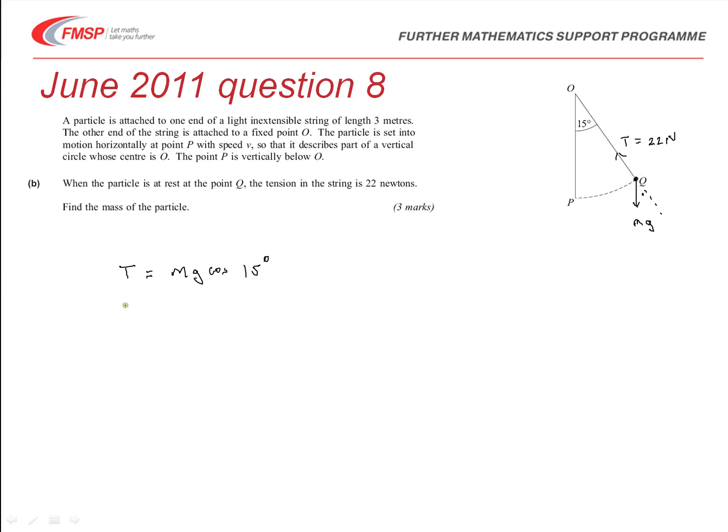And so we know that T is 22, and that must equal mg cos 15 degrees, and we want m, so if we rearrange this we get the fact that m must be 22 over g cos 15 degrees.